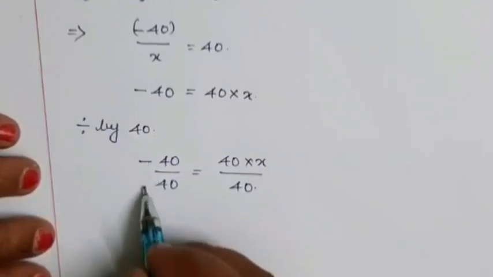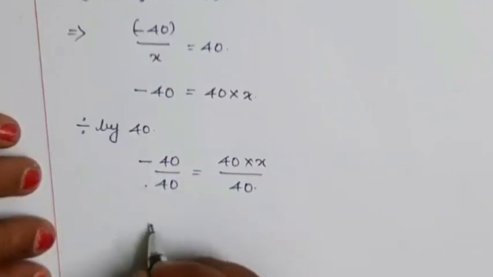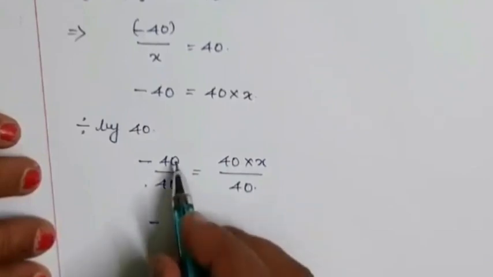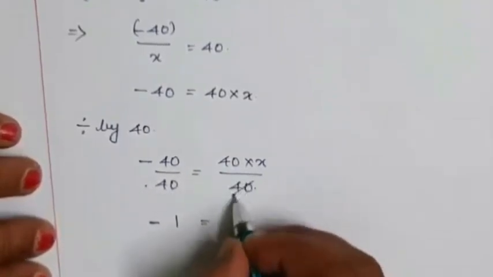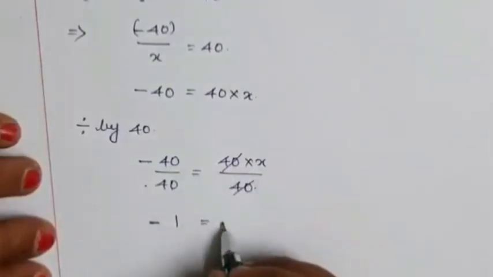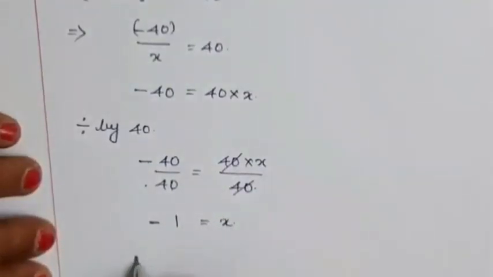Dividing a negative number by a positive number, we get a negative number as result. By dividing 40 by 40, we get 1. 40 gets cancelled, x is remaining. Therefore, we get x is equal to minus 1.